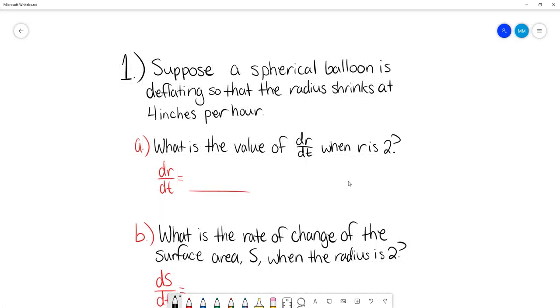It says, suppose a spherical balloon is deflating so that the radius shrinks at 4 inches per hour. The first question is, what is the value of dr/dt when the radius is 2?